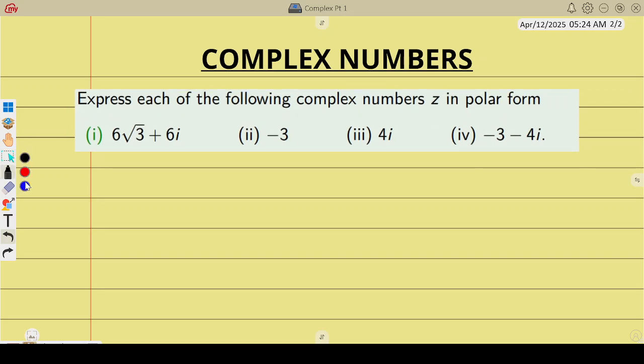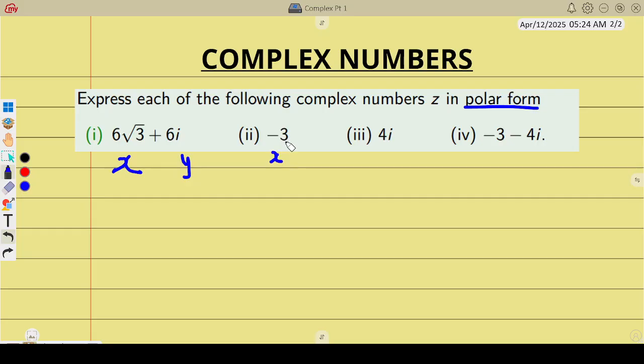This is an example saying express each of these numbers in polar form. This is rectangular, which simply means that we don't have trig ratios. When trig ratios are involved, we call it the polar form. The part which doesn't have the imaginary is x, and the part with the imaginary is y.